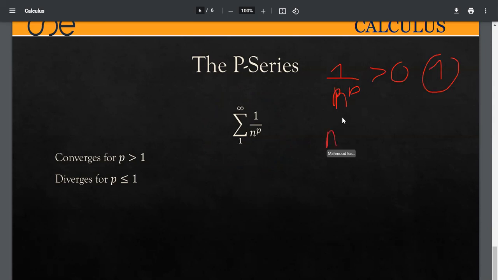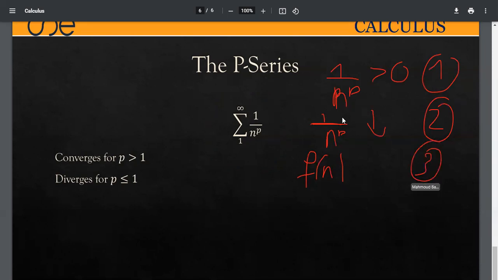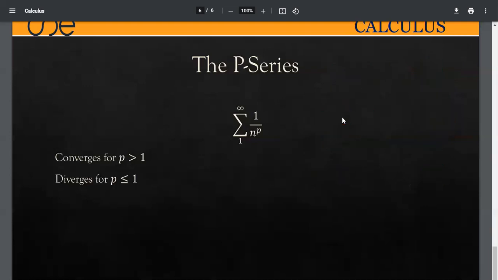Second, 1 over n to the power p is decreasing due to the fact that n to the power p is increasing, so the second condition is also satisfied. This is a continuous function that has discontinuity only at n equals 0, which is excluded from the domain, so the third condition is also satisfied. This means that the behavior of this series is the same as the behavior of the integral from 1 to infinity of 1 over x to the power p dx.